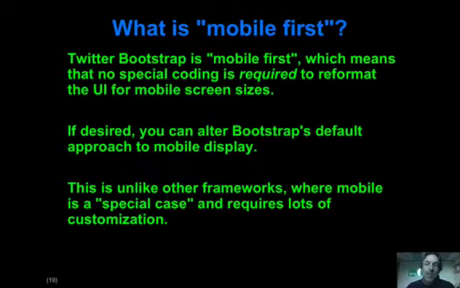So let's design Twitter Bootstrap 3.0 to acknowledge that that's the predominant interface to the internet of the future, and our framework should view that as a first-class citizen, and that when you design something using Twitter Bootstrap 3.0, it should work almost seamlessly out of the box in a reasonable way on a mobile display screen size.